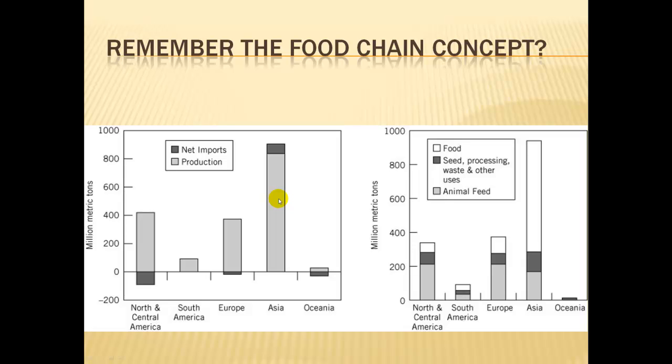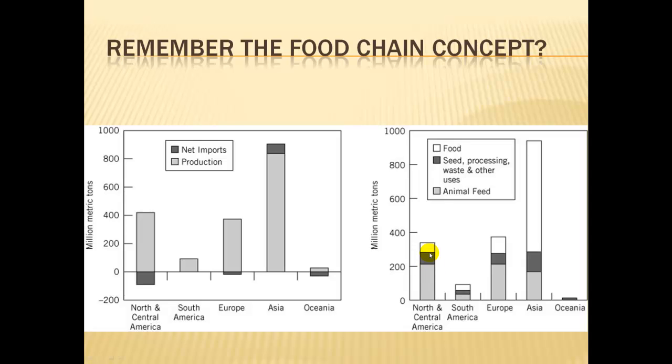However, let's look over at Asia. Asia produces even more food than the United States, nearly double what the United States produces. However, despite that production, they have to import some of their food. Now let's look at how they use it. In North and Central America, predominantly the United States, the majority of our corn grain goes into animal feed.